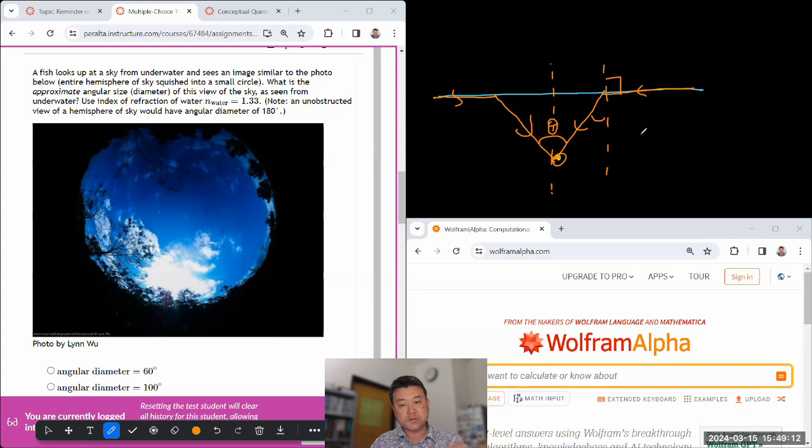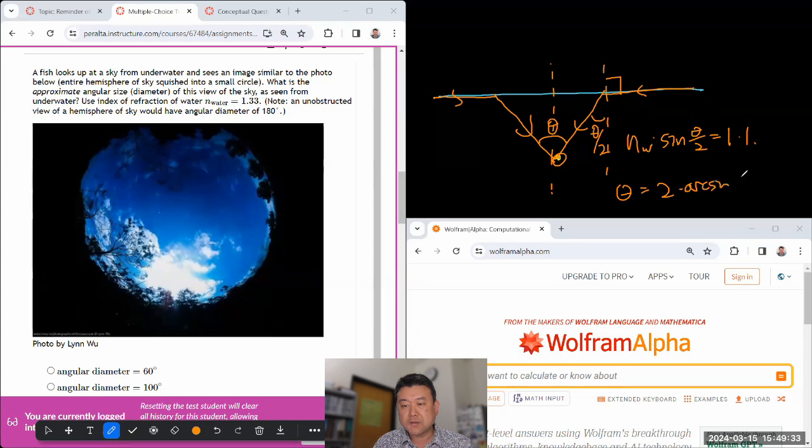So you can get this angle by figuring, okay, for what angle of incidence here would you get the critical angle? So go through Snell's law: water times the sine of theta over 2 is equal to the air, 1, times sine of 90 degrees, 1. So I'm solving for this theta over 2 here. Or solving for theta, it should be 2 times arcsine of 1 over 1.33, the index of refraction of water.